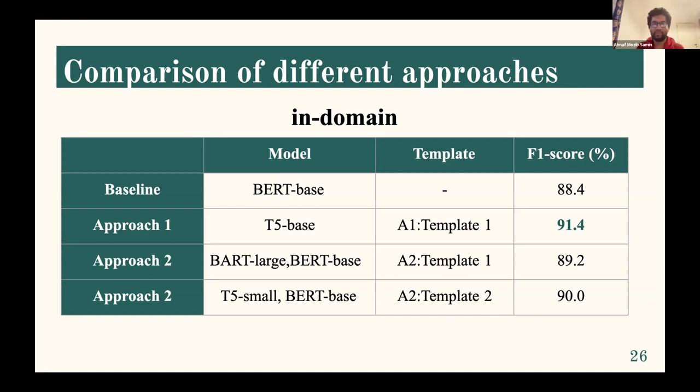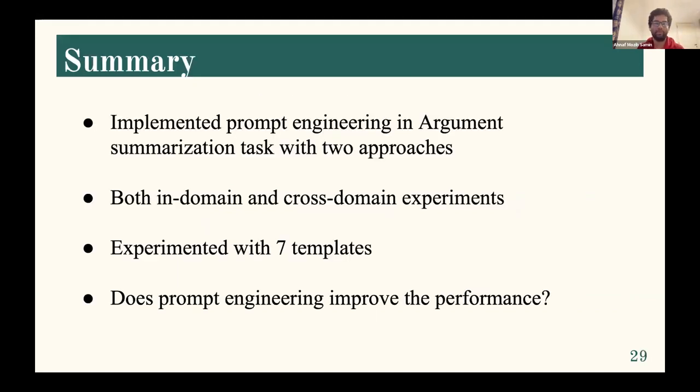Our hypothesis is that approach 2 suffers from a negation issue, because we have two sub-templates. One template has the correct key point for this argument and the other the wrong, and these negative connotations cannot be captured by the language model. That might be a reason why our approach is not performing that well.